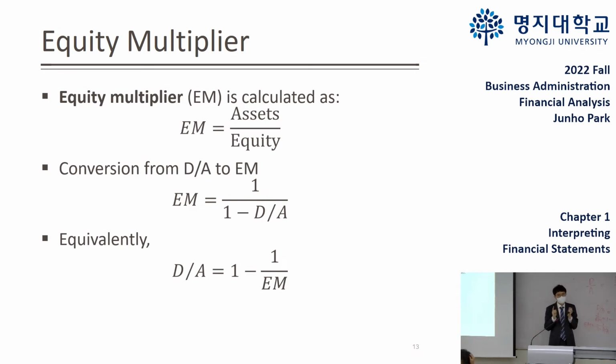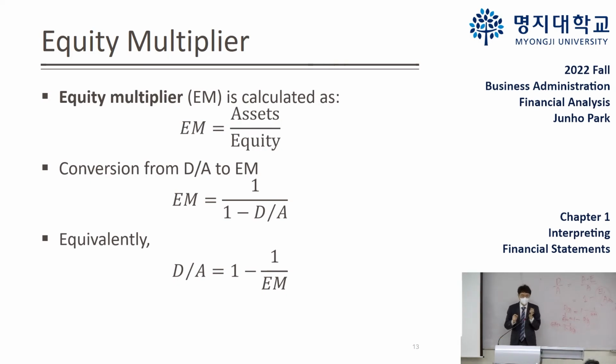So basically, what we often say is that you don't have an absolute number which is correct, but you can compare your number with others so that you can have some ideas about running your business.